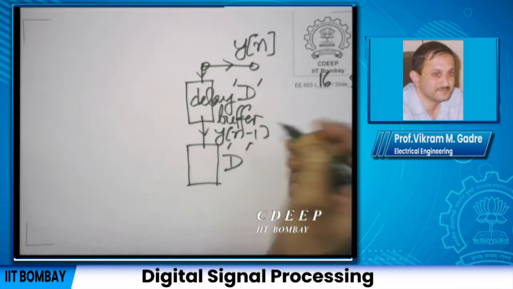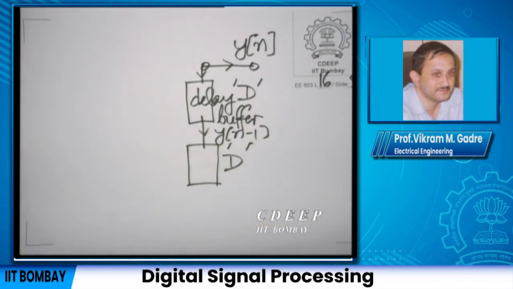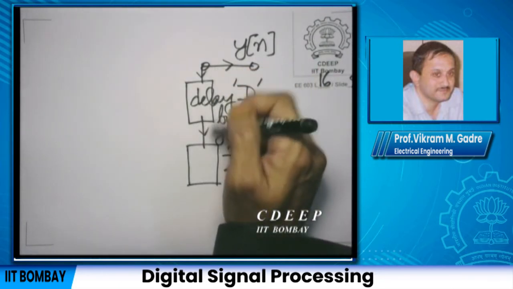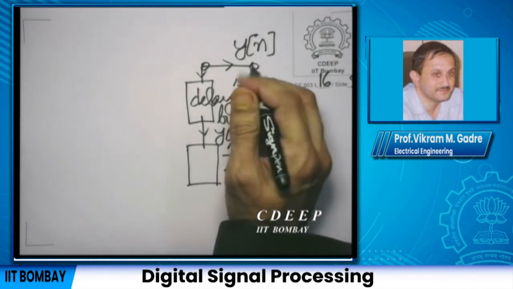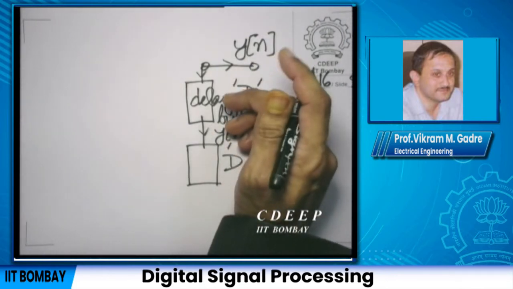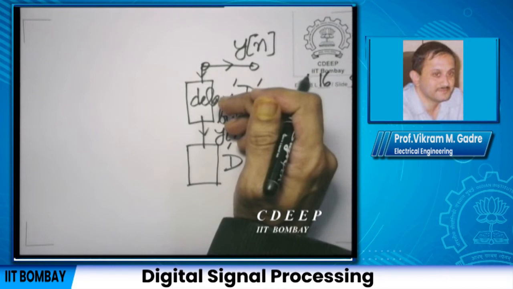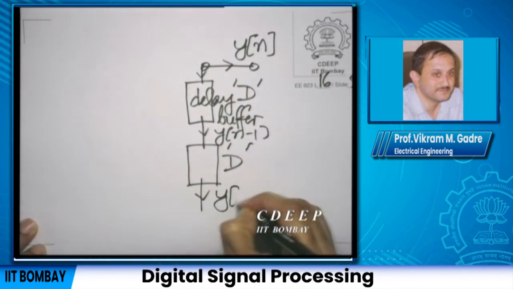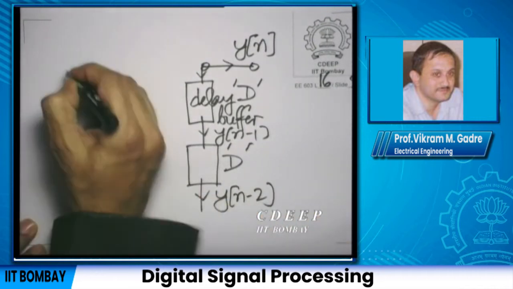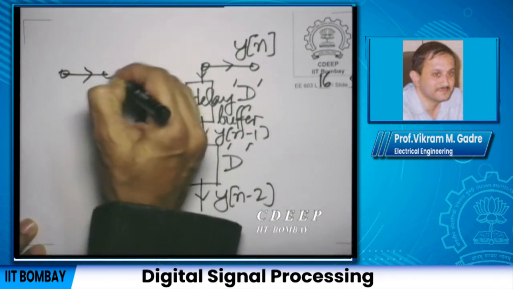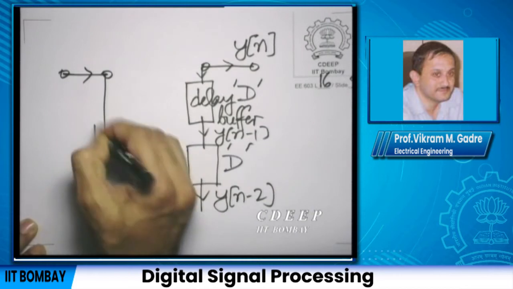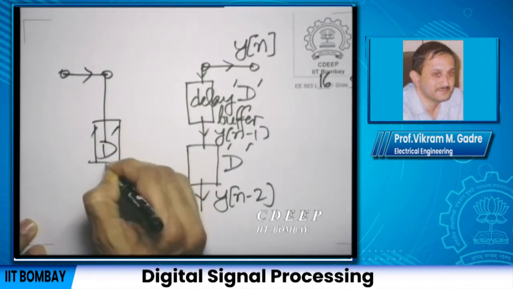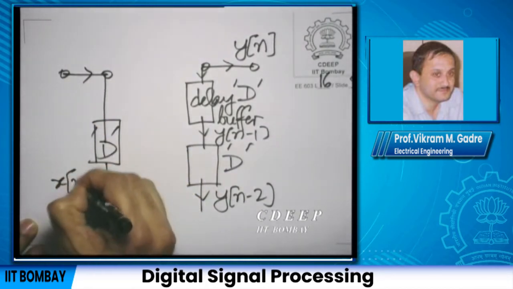That means a delay buffer stores the previous value of the input given to it. So, in this case it is y(n), but in general a delay buffer stores the previous value of the input given to it. And of course, here you would get y of n minus 2. And similarly, you could have a delay buffer operating on the input, and that would give us x of n minus 1.